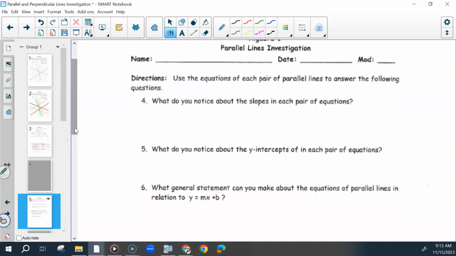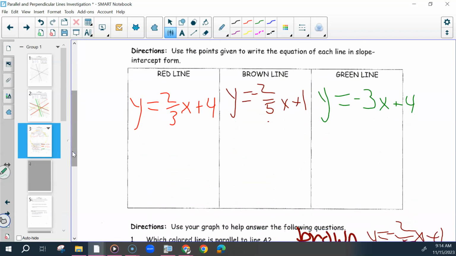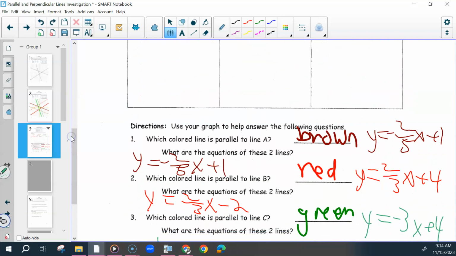For number 4, what do we notice about the slopes of each pair of lines? The rise is the same for each equation. Just the rise? So you're saying just the y value in the slope is the same for each equation? No, not the whole thing, just the rise of the line. So the rise is just the y value of your slope.